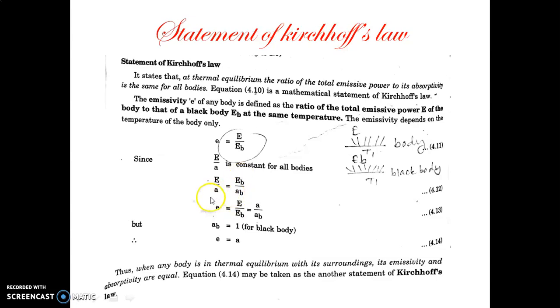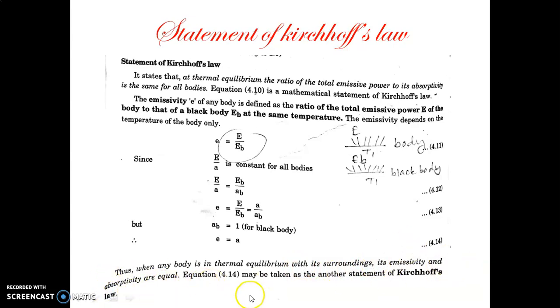So we can write e is equal to A upon AB. Rearranging this equation, and knowing that AB is equal to 1 for the black body, e is equal to A. So this quantity becomes 1, and therefore e is equal to A. From this we can state another statement of Kirchhoff's law: when any body is in thermal equilibrium with its surroundings, its emissivity and absorptivity are equal.